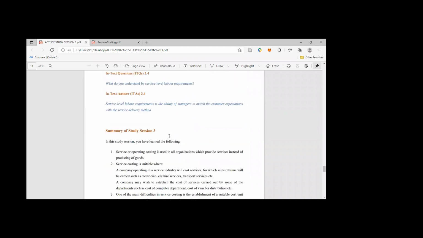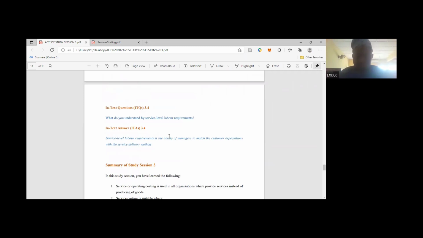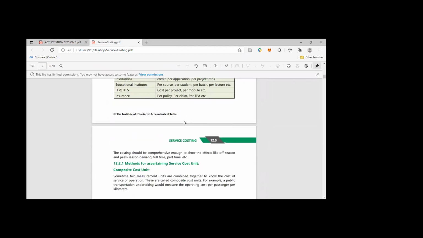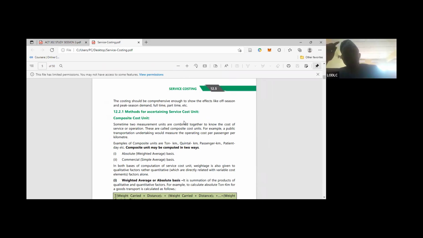So that is that about study session 3. But before we move on, I want to say something about the cost per unit that we were talking about the other time. I said before you can understand the cost per unit for a service industry, you must first know the methods for ascertaining the service cost per unit.